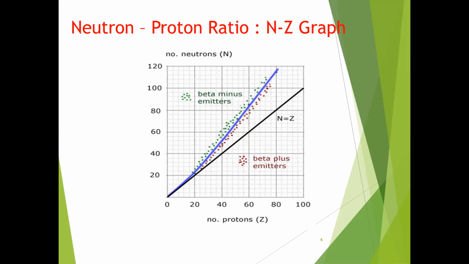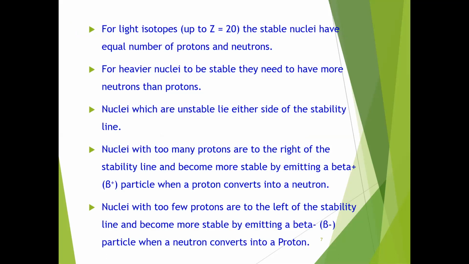And number 4, nuclei with too many protons are to the right of the stability line and become more stable by emitting a beta plus particle when a proton converts into a neutron. These are the highlights.